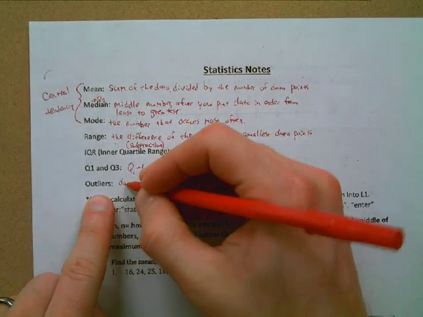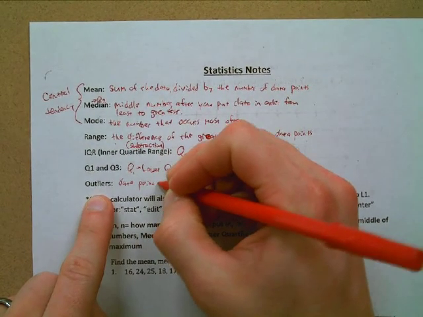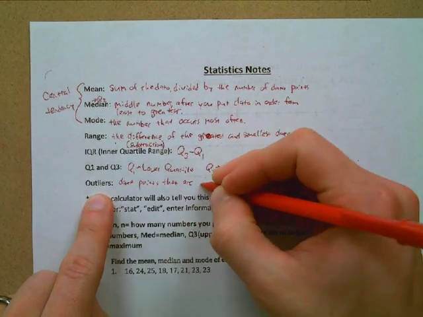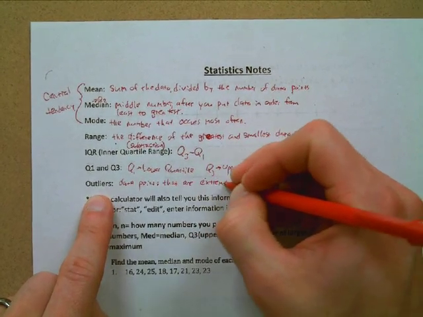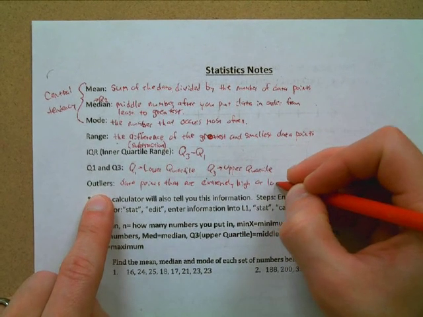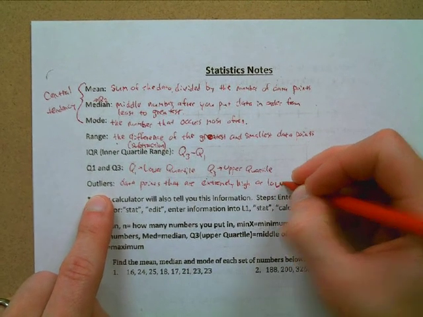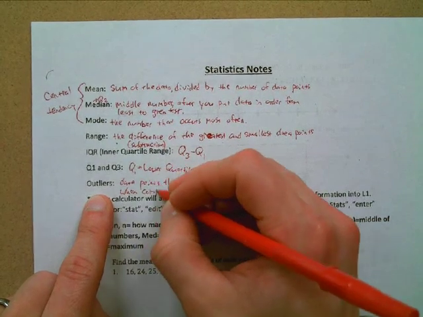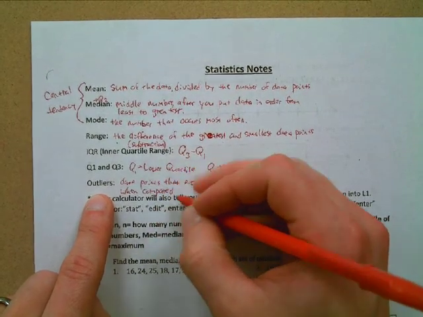Okay, so outliers are data points that are extremely high or low when compared to others.